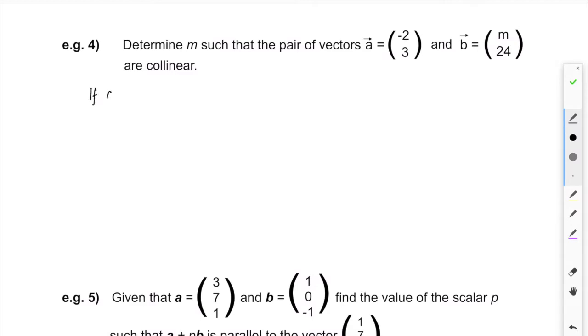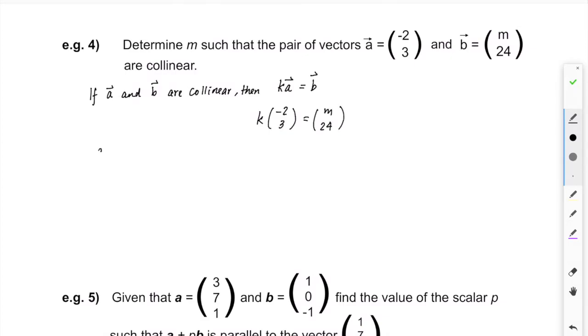If vector a and vector b are collinear, then ka must equal b. Or if you like, you can say a is equal to kb. It doesn't really matter. So here, let's put in a, which is the column vector negative 2, 3. This is equal to m, 24.